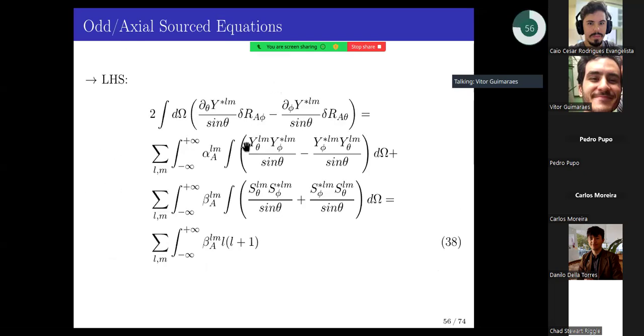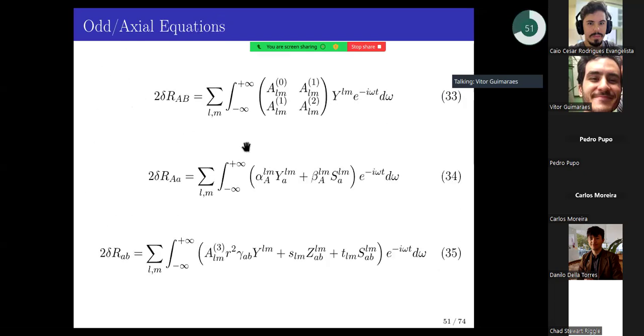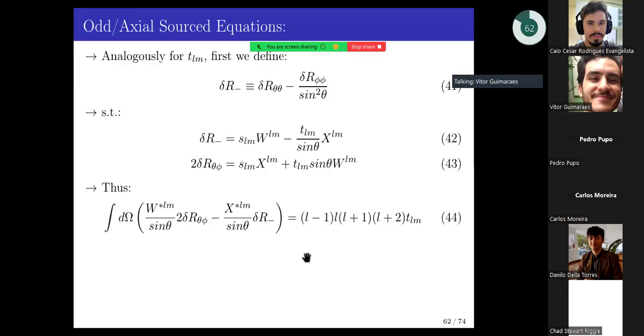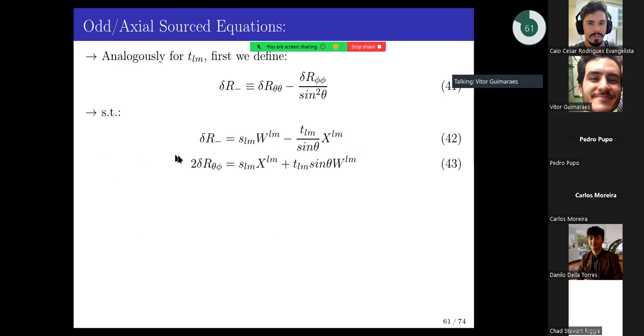Remember that when we constructed yesterday, I think, the spherical tensor harmonics, this tensor and this tensor were constructed in terms of these scalars here, W and X, right?